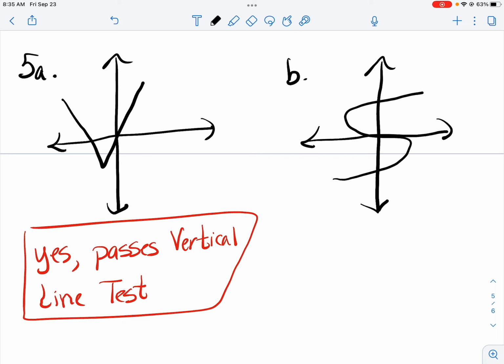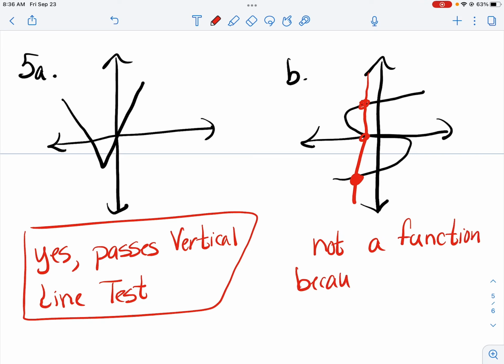In part B, we have this S shape. If I were to put a vertical line on that S shape, it touches the graph at more than one point at a time, and so this one is not a function, because it does not pass the vertical line test.